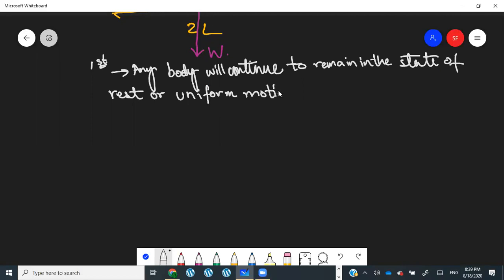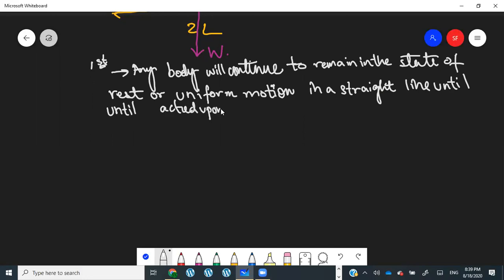Uniform motion means constant velocity, okay? Until it is acted upon by a force, by an unbalanced force, basically. Unbalanced is usually written in brackets.